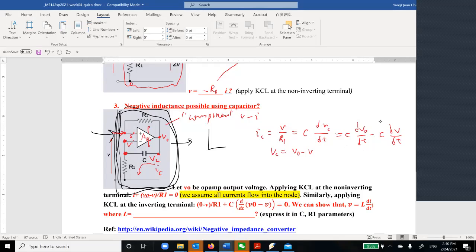So I move this guy to this side. I'm going to have V divided by R plus C dV/dt on this side, so it's C dV0/dt.